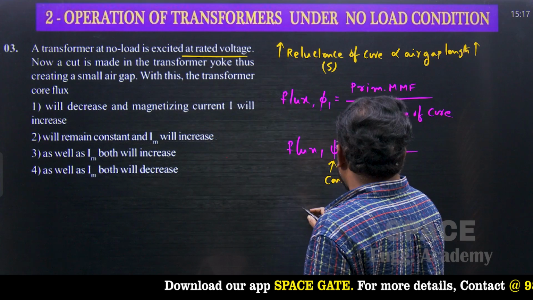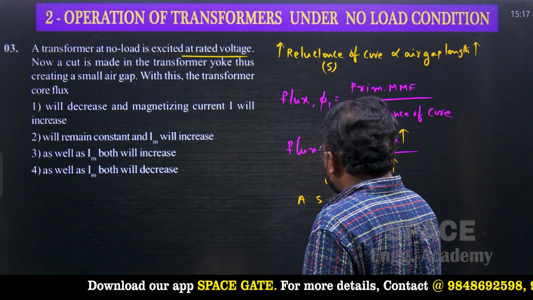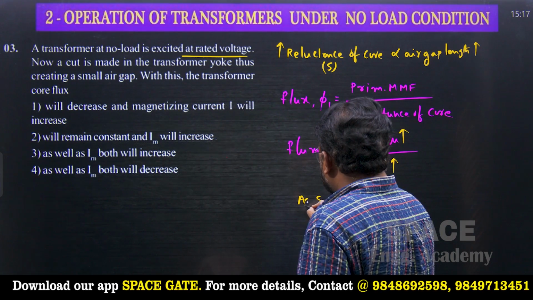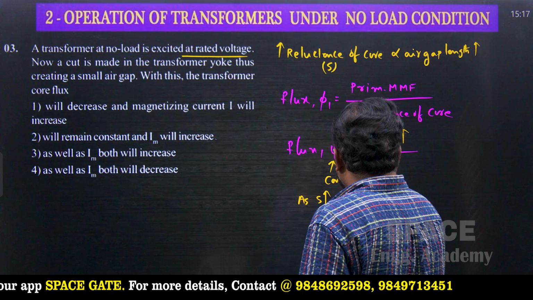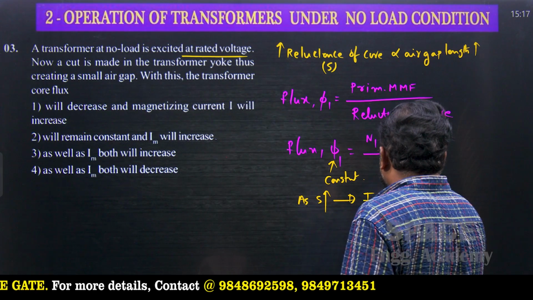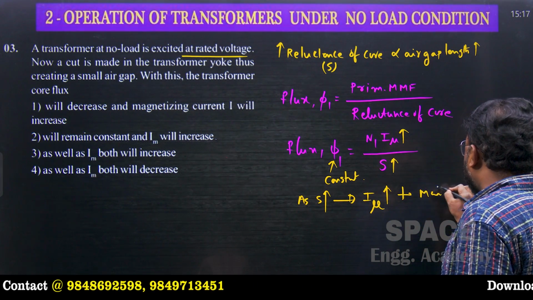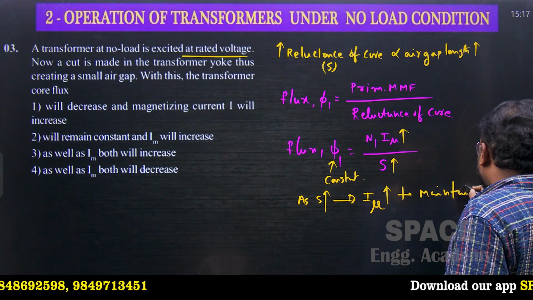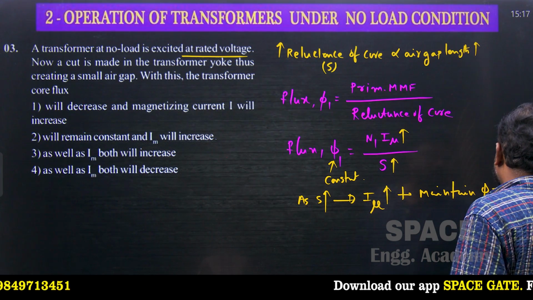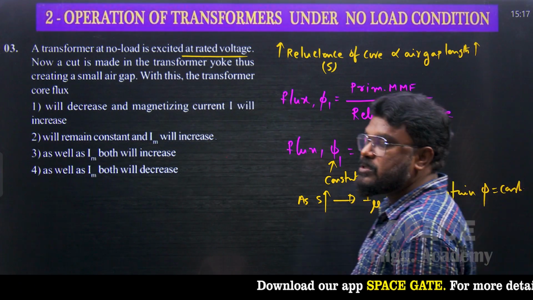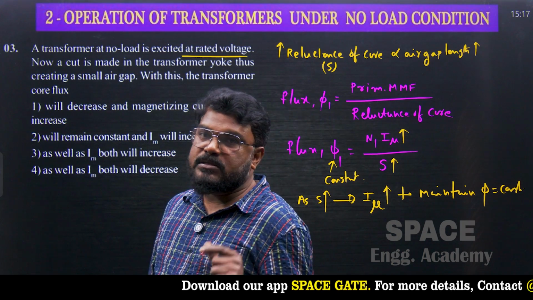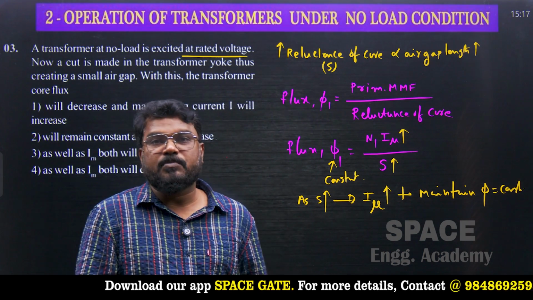As reluctance increases, what will happen? The magnetizing current of the transformer will increase to maintain the flux phi constant, or to produce the same amount of flux in the transformer.